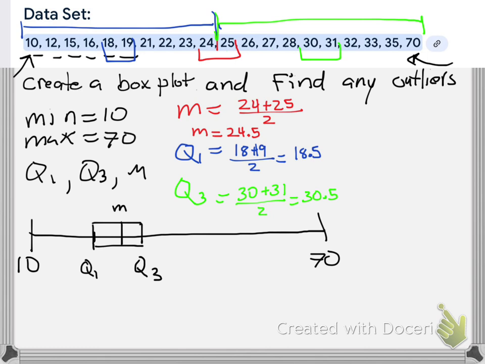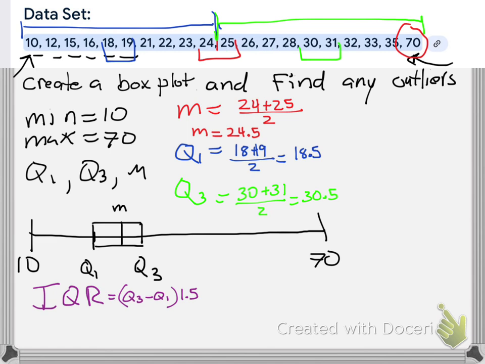To find any outliers, obviously we can see we might have an outlier here at 70, but in order to confirm that, we actually have to use our formula. So we use our IQR, which is our interquartile range, and in order to find the IQR, we have to get our Q3 minus our Q1, and then we multiply this by 1.5.